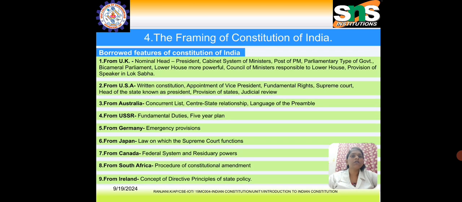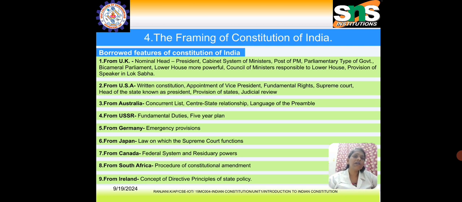Next, we framed the constitution with borrowed features from the UK, USA, Australia, USSR, Germany, Japan, Canada, South Africa and Ireland. From the UK: nominal head, that is the president, cabinet of ministers, the post of PM, parliamentary type of government, the lower house being more powerful, the council of ministers and the Lok Sabha speaker.